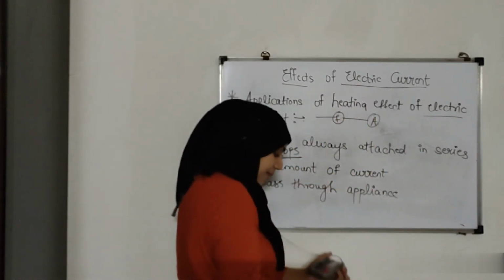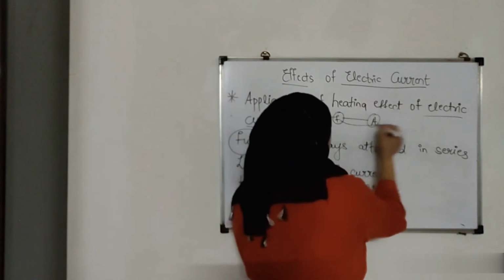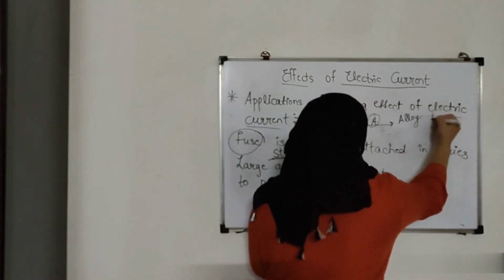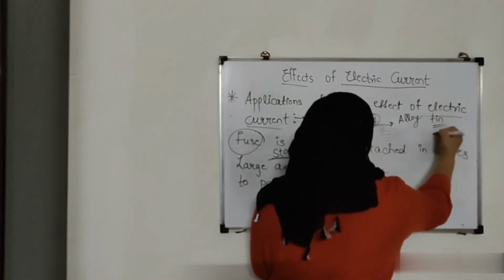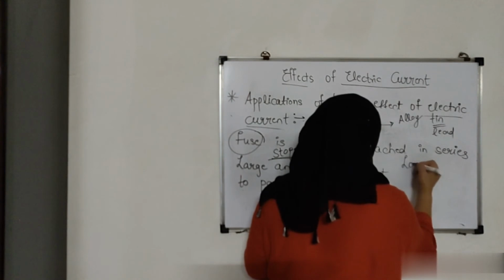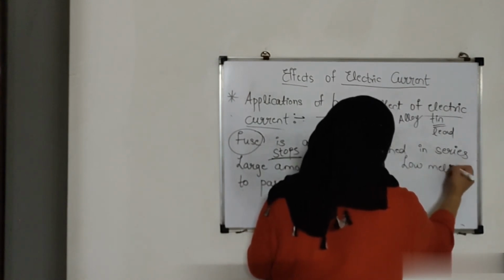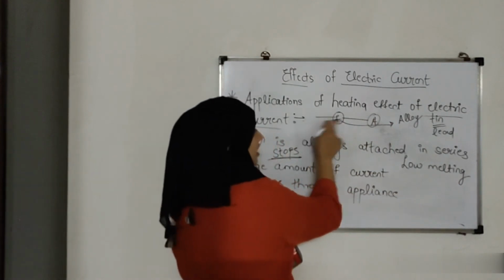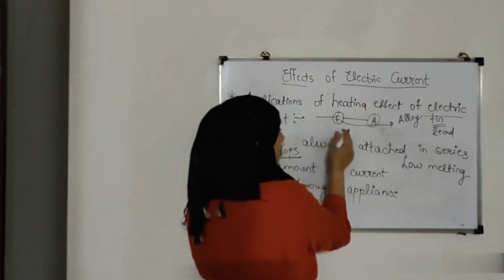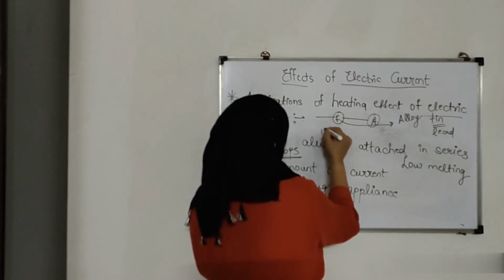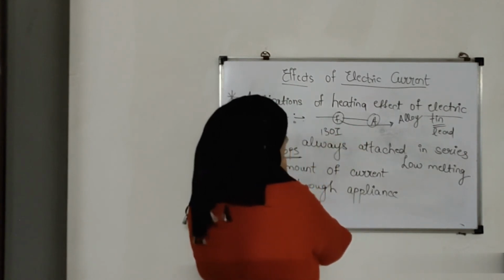It is mostly made up of an alloy of low melting point. Suppose I take tin or lead, I can take anything of low melting point. Now its melting point is low, means what? Suppose the capacity of this appliance for the flow of current is 130 ampere. Okay?